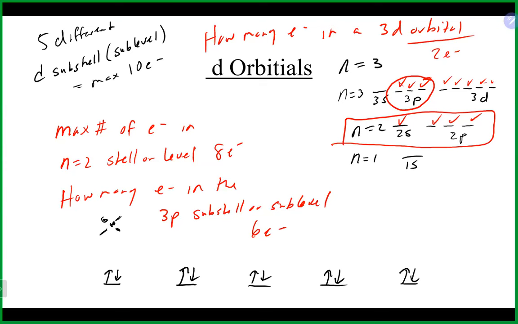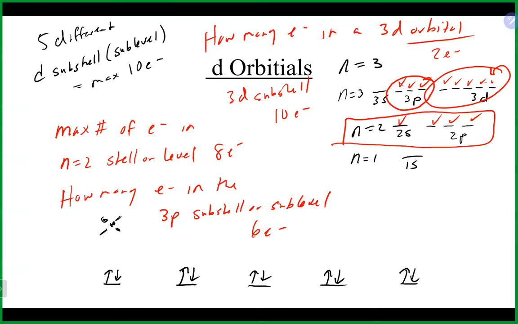It is 2 electrons here. If the question asks how many electrons in the 3D subshell, the answer would be 10. If it said how many in the 3D subshell, now we're talking about all of those together, and that would be 10. Question on any of those?